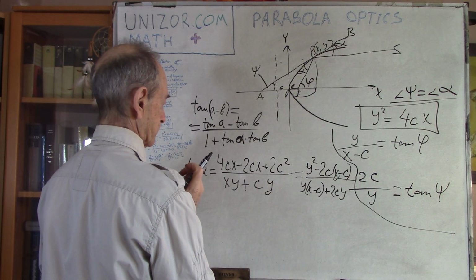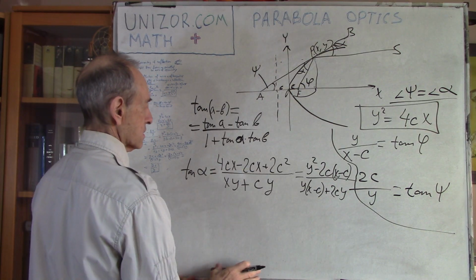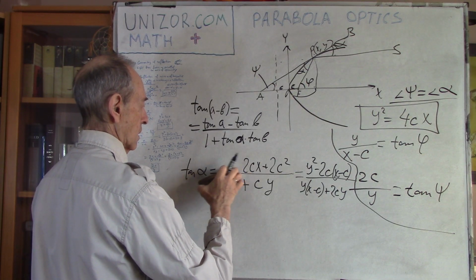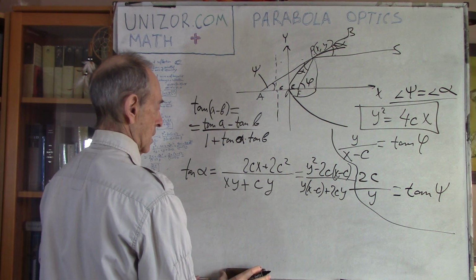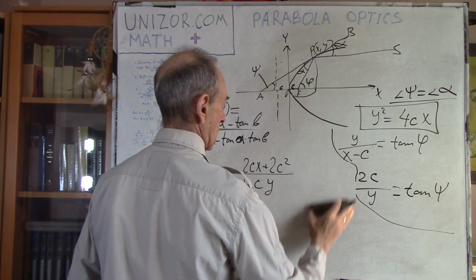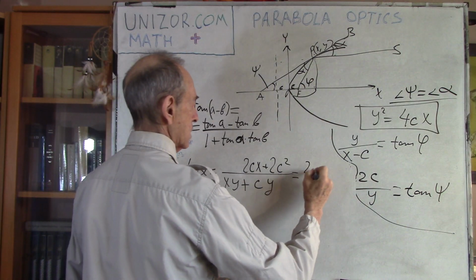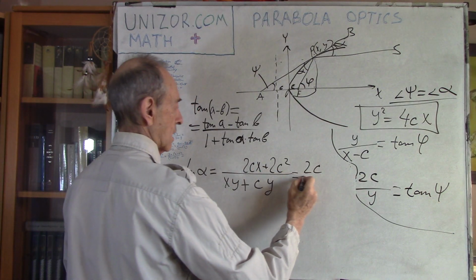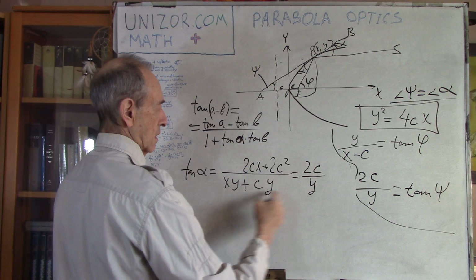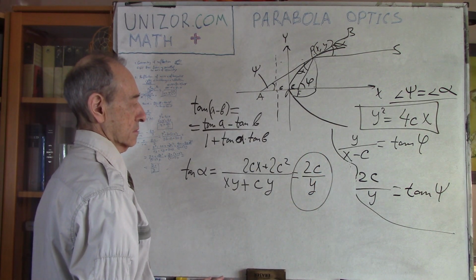Alright? Okay, now 4cx minus 2cx, that will be plus 2cx, minus 2c squared, which is equal to 2c times x minus c, and here we have y times x plus c. So x minus c and x minus c would cancel out, and this is my final result.